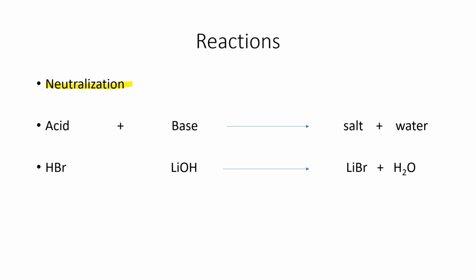In a neutralization reaction, you will always have an acid reacting with a base. And whenever you have an acid reacting with a base, you will produce two different products. You will always produce water, and you'll also produce a salt.